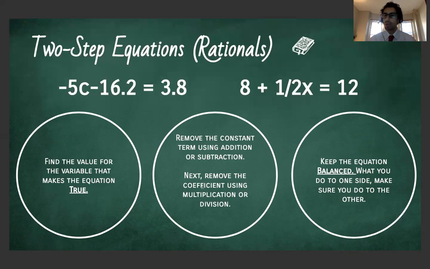Okay, we're not really going to get into the numbers yet. I just want us to think about the process. So remove the constants using addition or subtraction, and remove the coefficients using multiplication or division. Please keep in mind you want to keep the equation balanced. Whatever you do on one side has to be done to the other as well. You've got to keep it even.